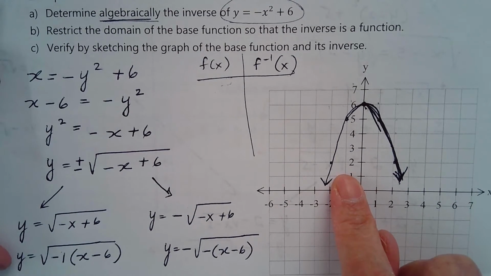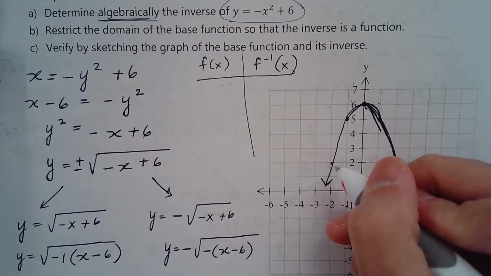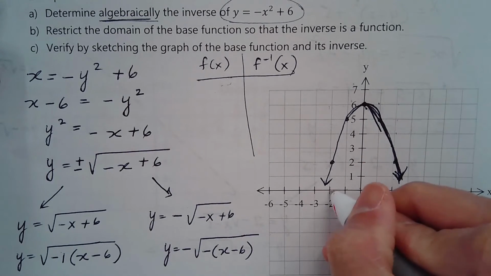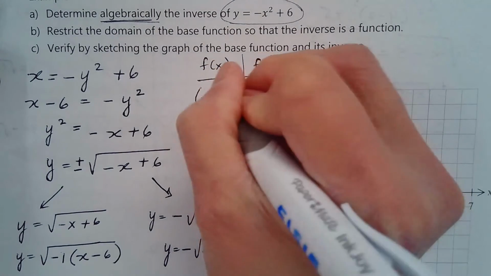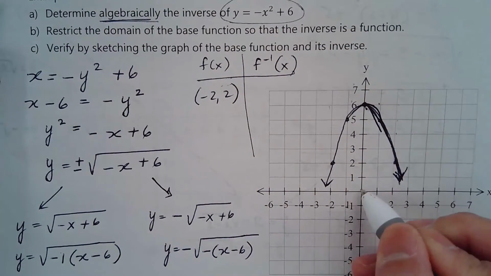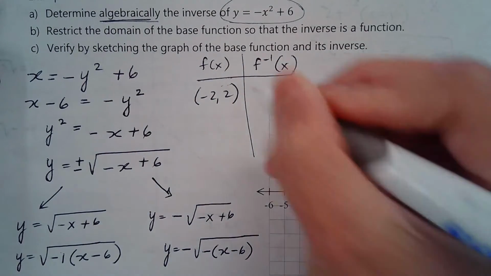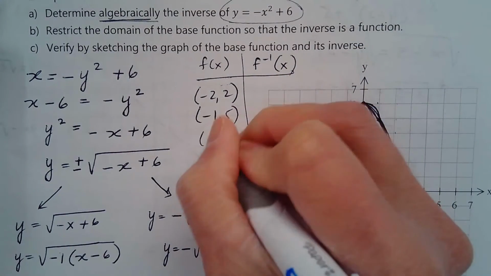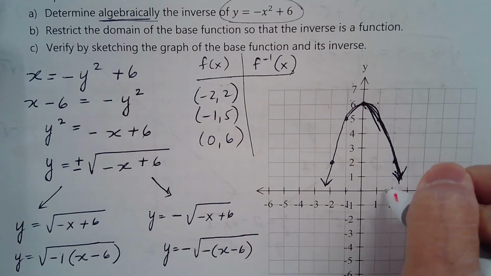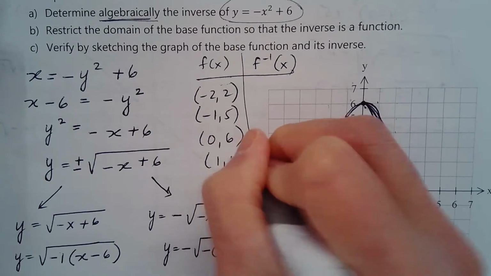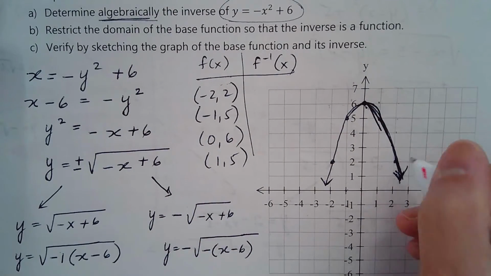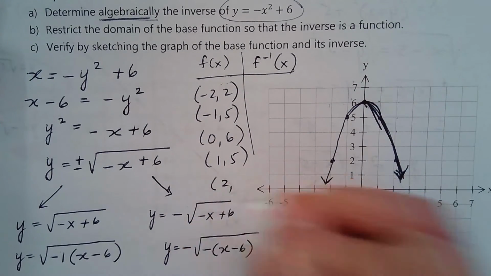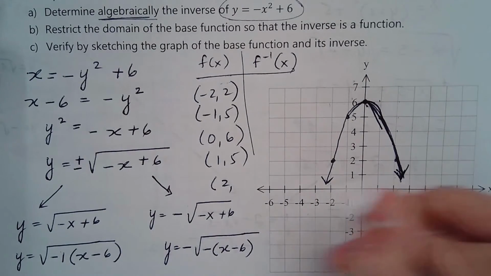In the f of x, the points would be -2, 2, -1, 5, 0, 6, 1, 5, and 2, 2.